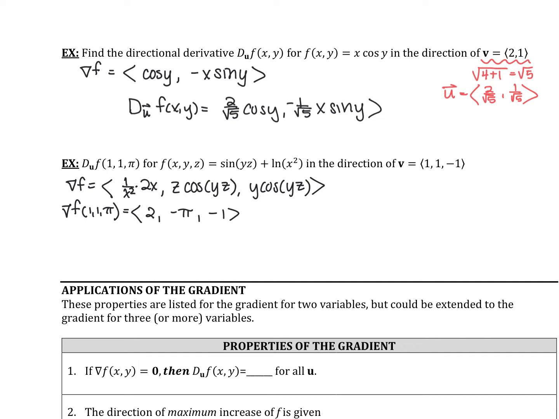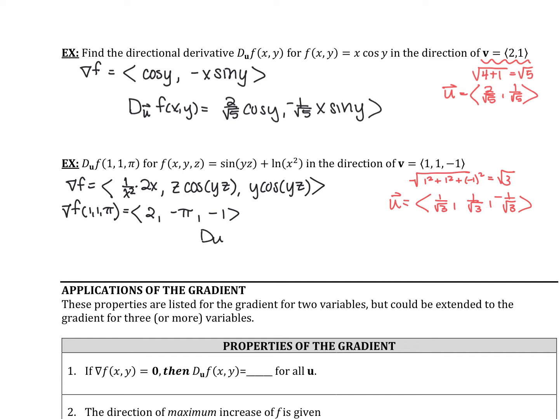And this is not a unit vector yet either, so the magnitude would be the square root of 1 squared plus 1 squared plus -1 squared, or the square root of 3. So my unit vector here would be 1 over root 3, 1 over root 3, and -1 over root 3. And now we'll do the dot product of those two, the gradient vector and that unit vector.